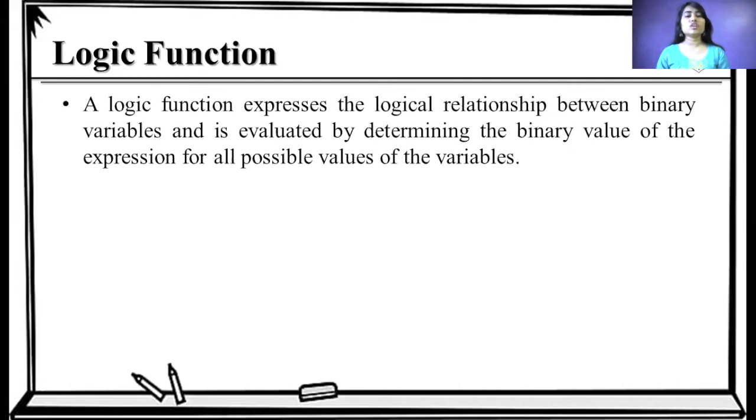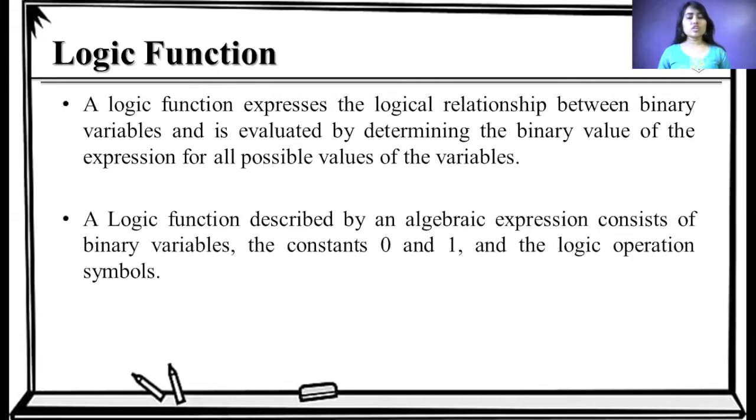So basically, a logic function gives the logical relationship between input and output conditions. A logic function described by an algebraic expression consists of binary variables, the constants 0 and 1, and logical operation symbols.